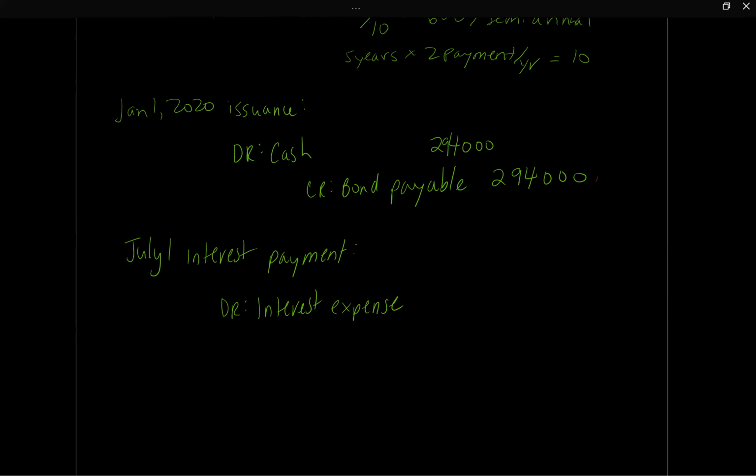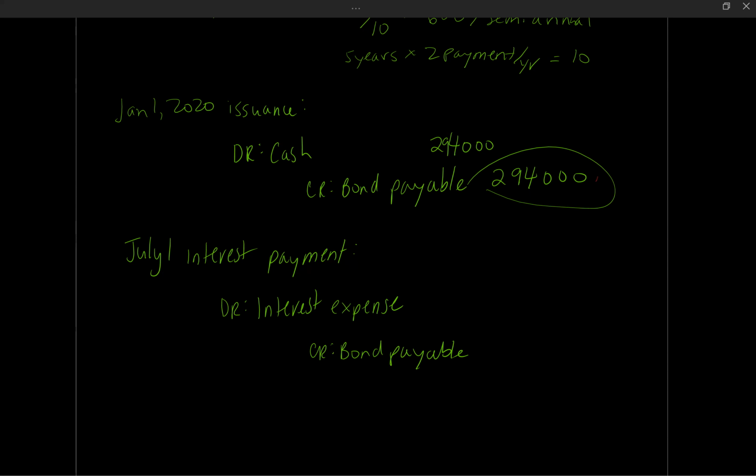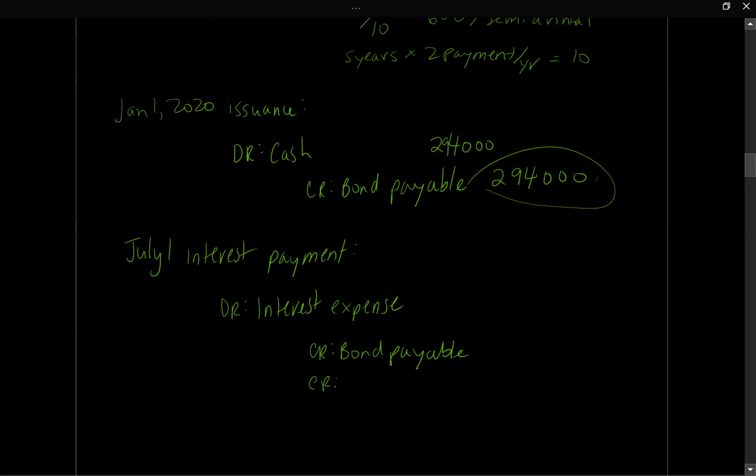And it's going to be credit bonds payable, because we need to increase the value of the liability. So we know we need to be crediting it each period, increase that value because we need the $294,000. We need this at $300,000 when the bonds mature in 5 years, and credit cash.